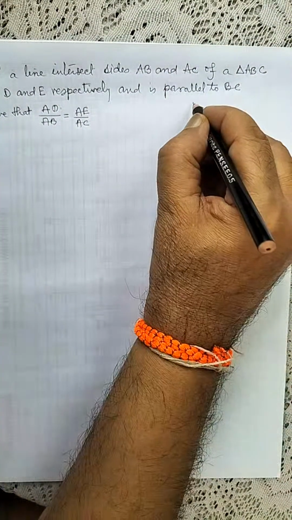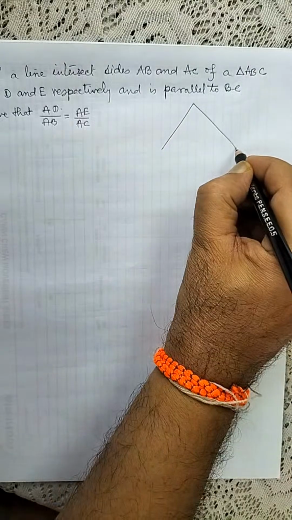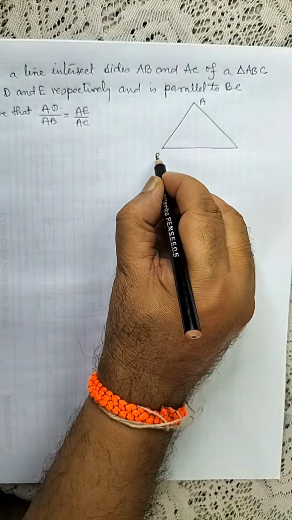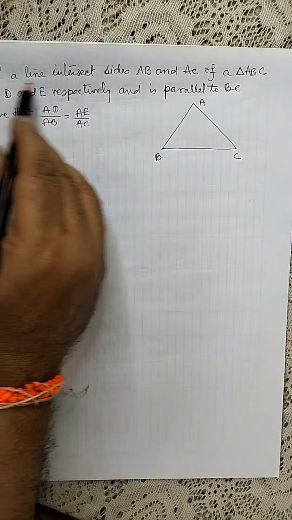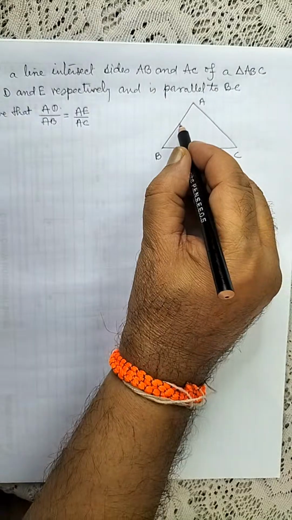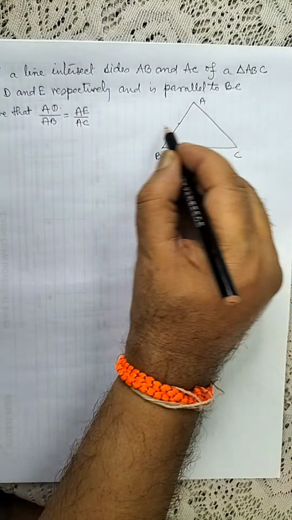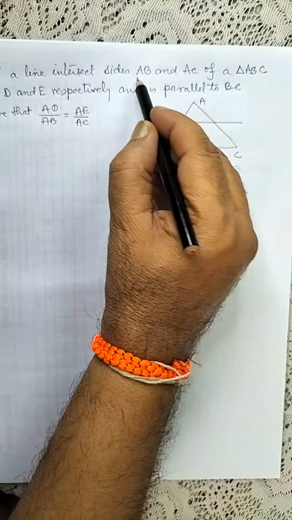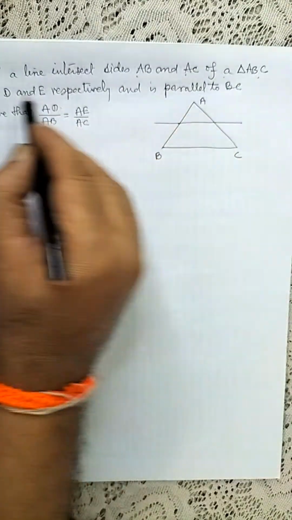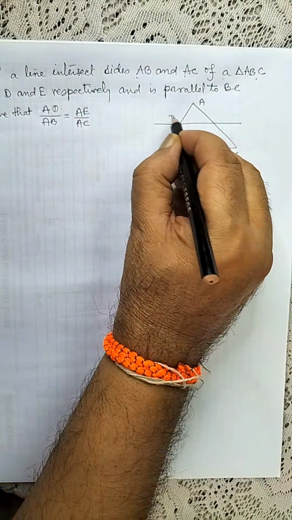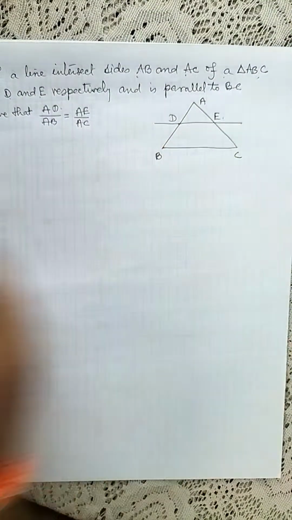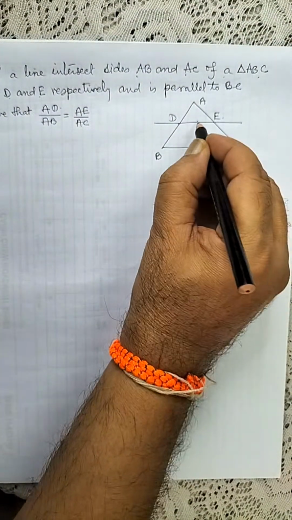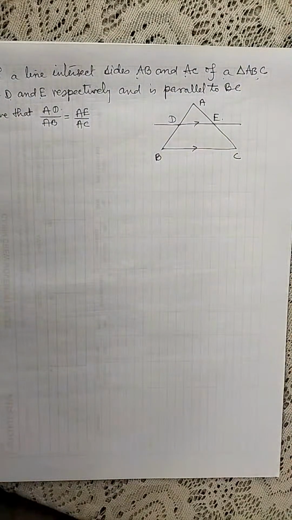So there is a triangle here. Let's see how we go about it. This is a triangle ABC. A line intersects sides AB and AC of triangle ABC at D and E respectively. This point is D and this point is E, and this line is also parallel to BC.